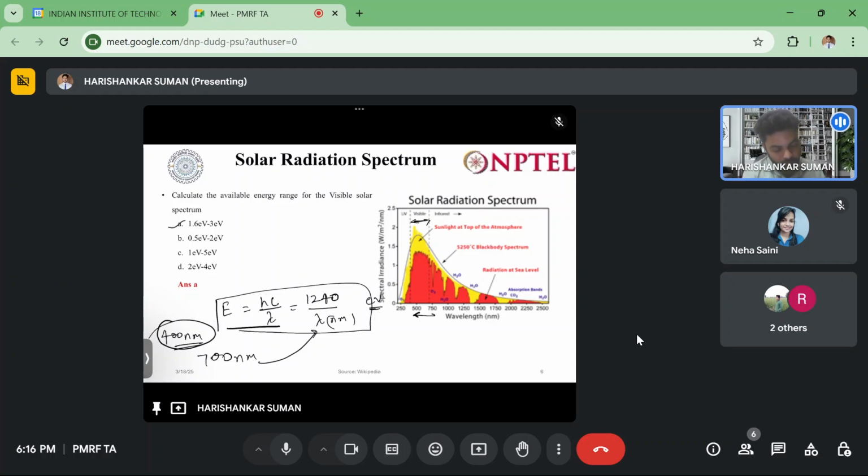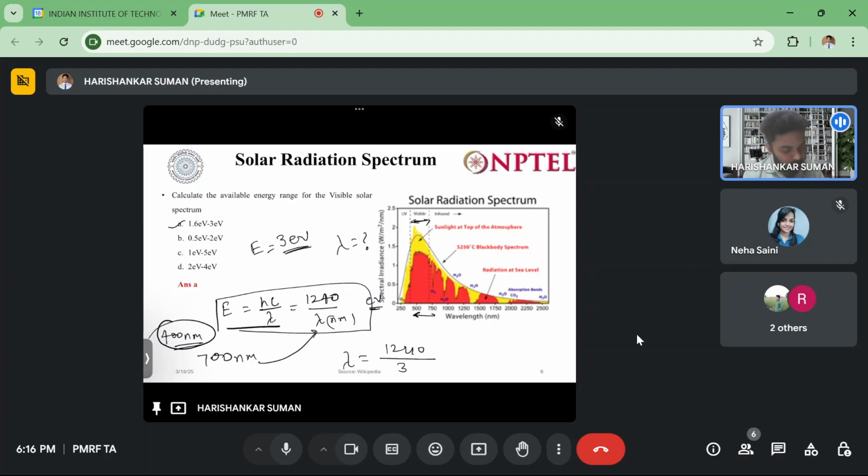Or reverse, you can also find. If, let's say, the question gives an energy equal to 3 electron volt, please find the wavelength. 3 electron volt energy photons, where is the light? In visible, UV or infrared? The question will be asked like that. So you can find 1240 divided by 3 electron volt.